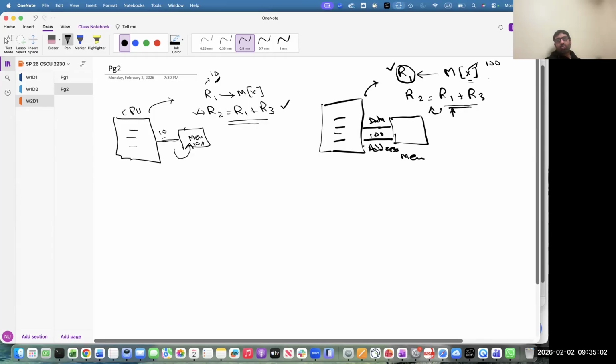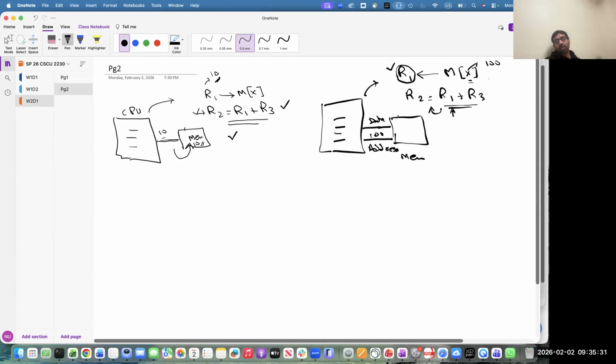So write is not on the critical path, but read is on the critical path. You need to wait for the read to complete before going to the next instruction, but writes are off the critical path, so we don't need to wait for them to complete.